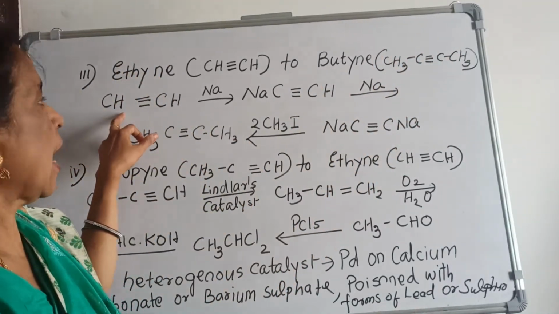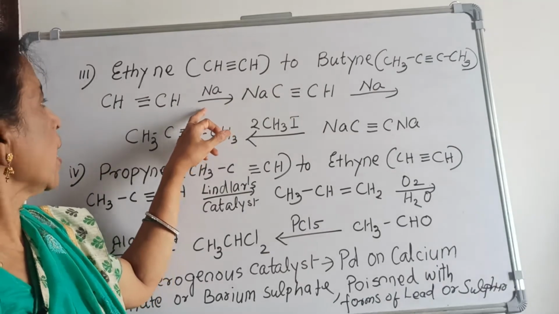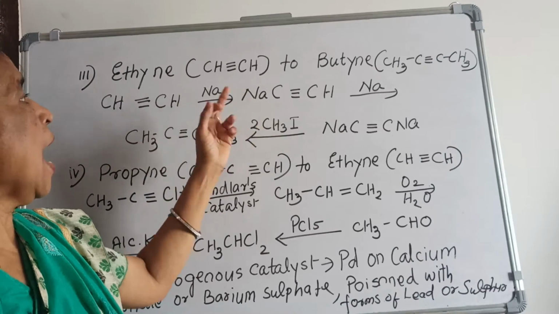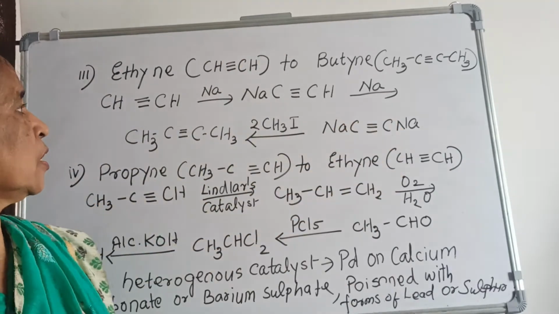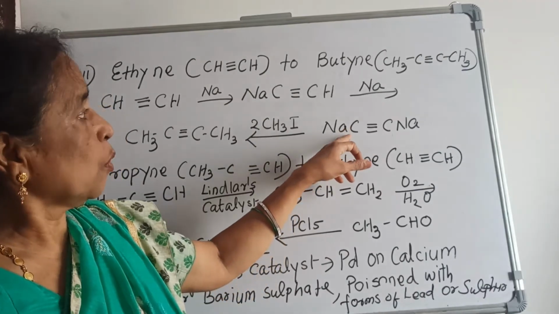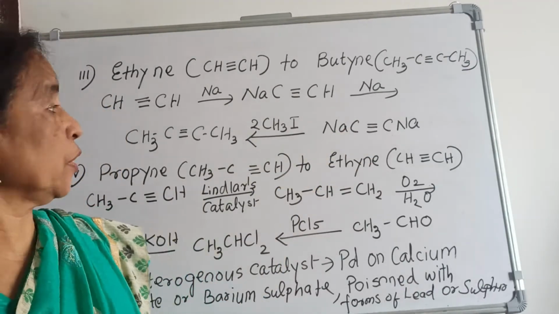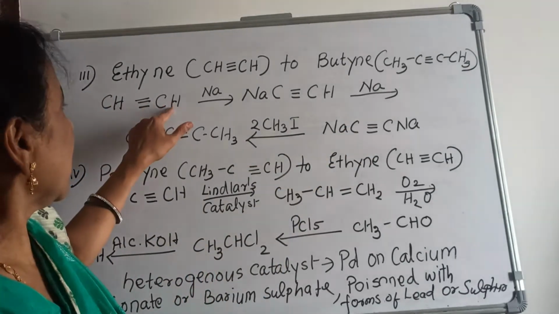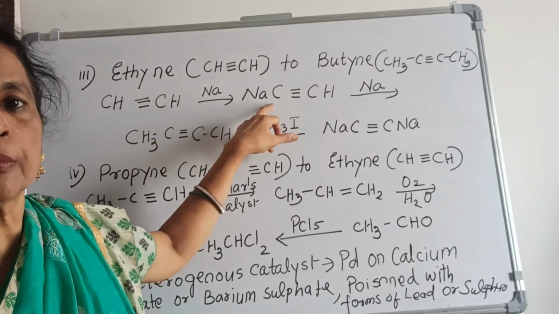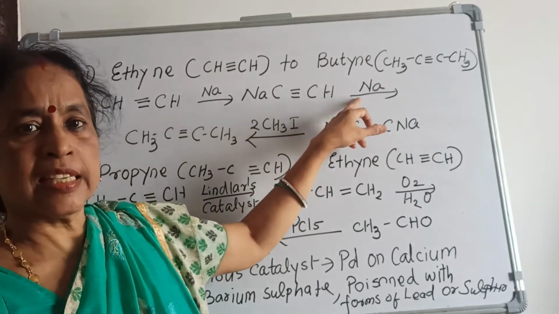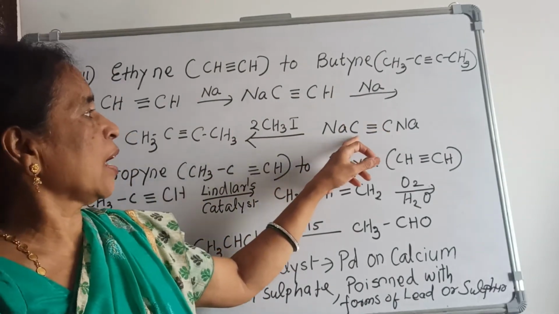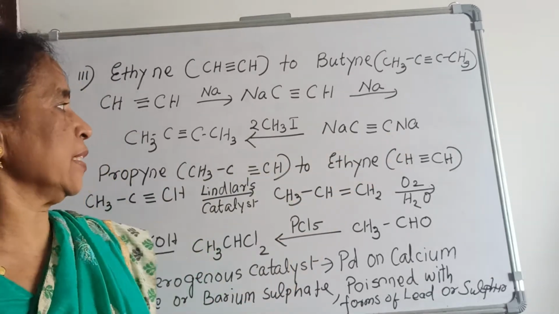Now you can take ethyne, then sodium. What happened? The hydrogen is replaced by sodium, and again you take another sodium, then both hydrogens are replaced by sodium. Now again see, one hydrogen replaced by one sodium. So this is the compound sodium acetylide, and next this sodium again gives disodium acetylide.